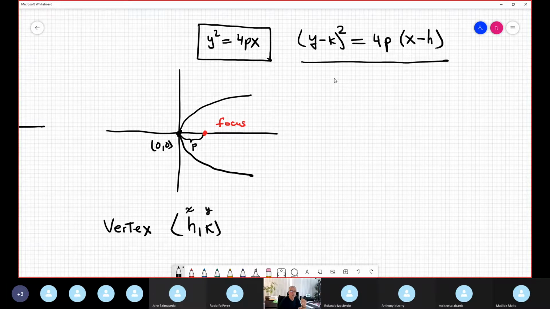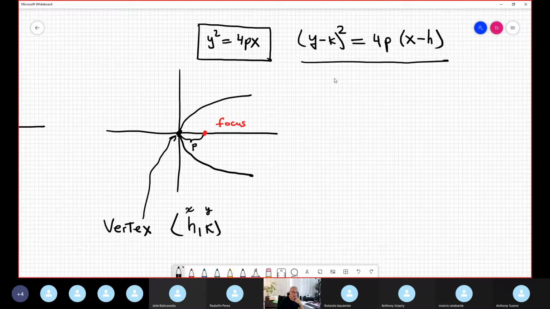And who is p? This parameter that you see in the equation, 4p. Okay? And we have one more thing. This is the vertex. That point is the vertex.